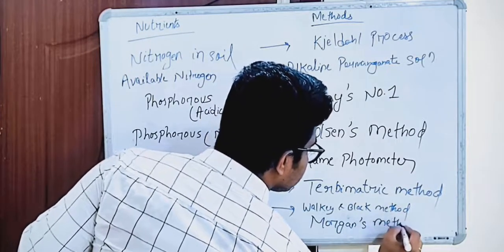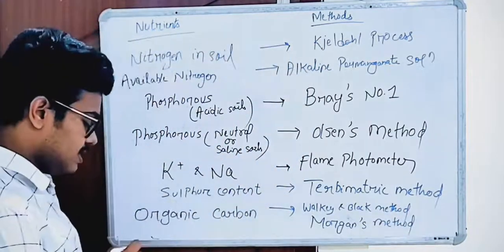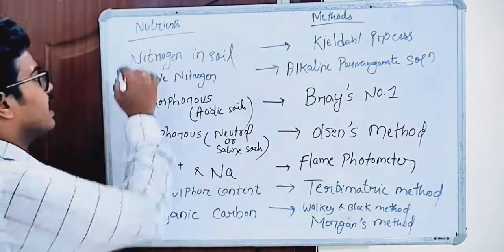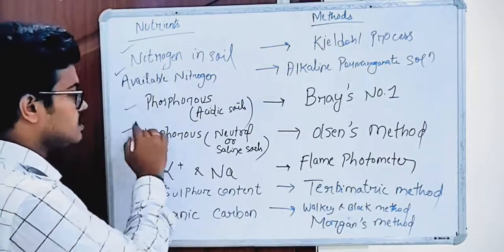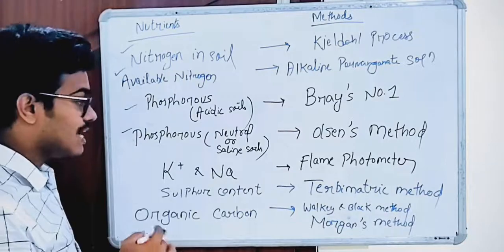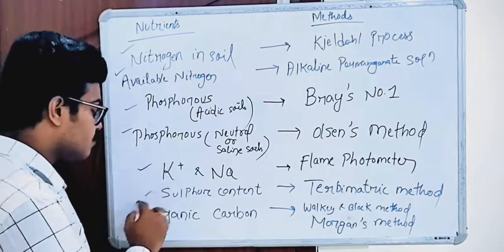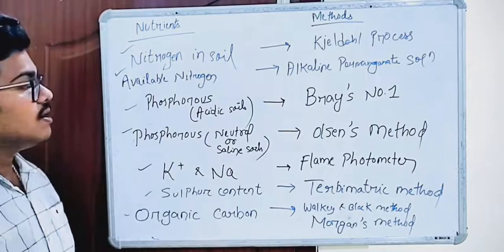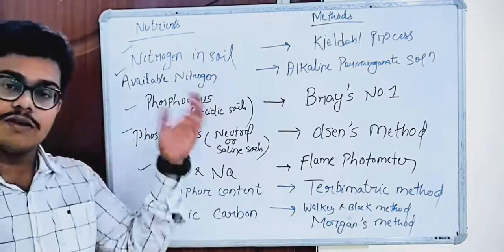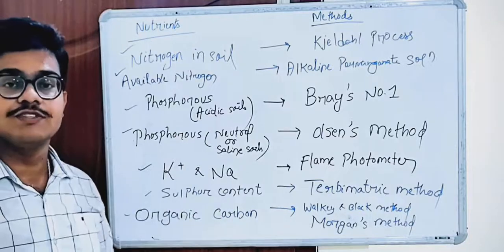So these are the different elements: available nitrogen, soil nitrogen, phosphorus in acidic, neutral and saline soils, potassium, sulfur, and organic carbon, and these are the methods by which we analyze the different nutrients present in soil or plant.